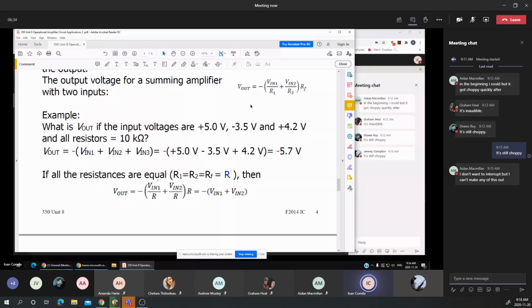If I make the ratio of RF and R as 1 over the number of inputs, I can convert this into an average amplifier, which amplifies the average of multiple inputs. If we have 3 inputs, I need the ratio RF over R to be equal to 1 over 3.